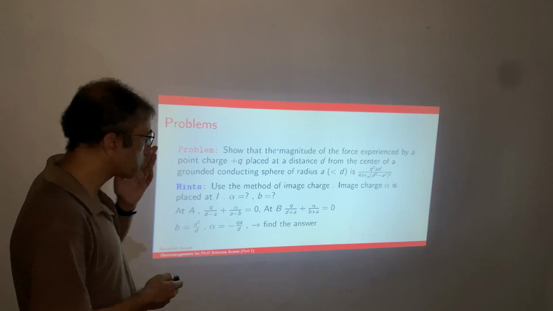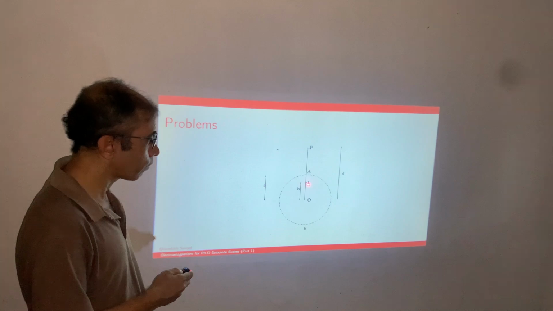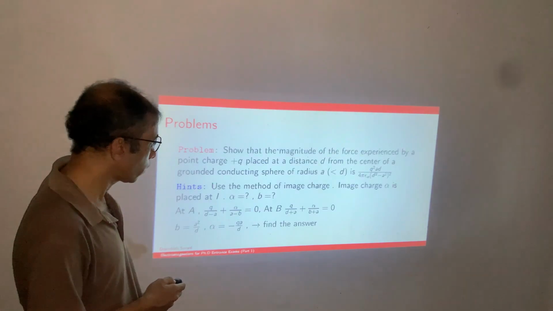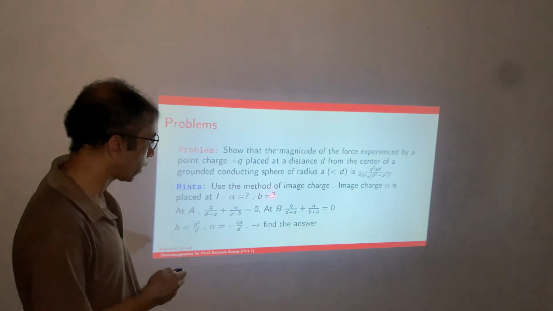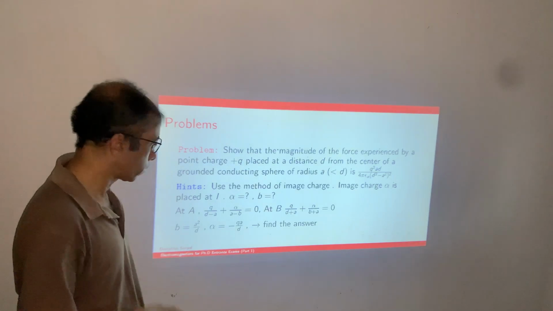So what are we going to do? We say the charge here is alpha and it is placed at a distance b from the center. We will find out alpha and b, the unknowns. Once we find these, we will know the answer.